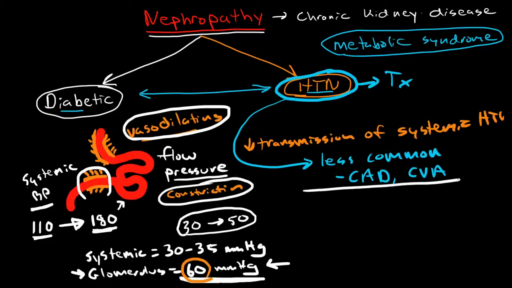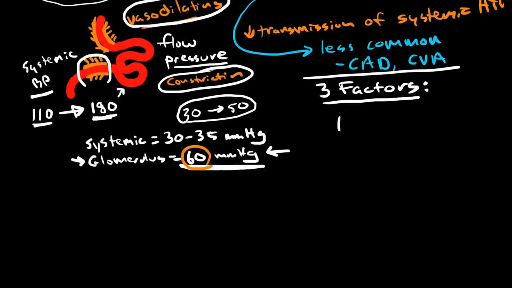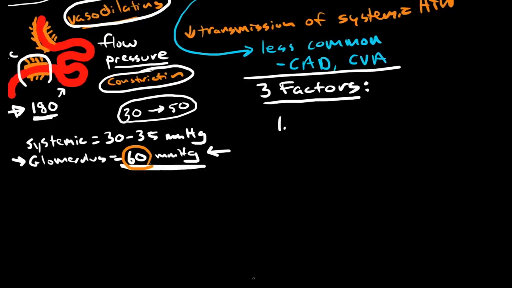But I wanted to talk about, there's sort of three factors to consider for the development of hypertensive nephropathy. First, there is the degree of systemic hypertension.